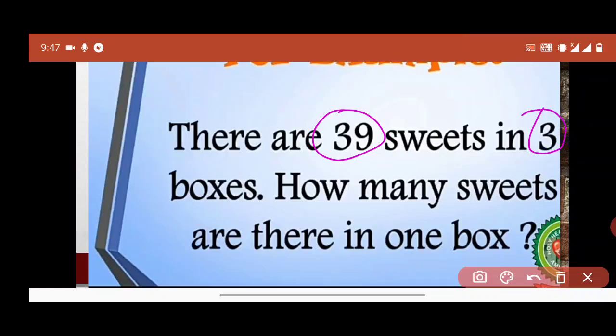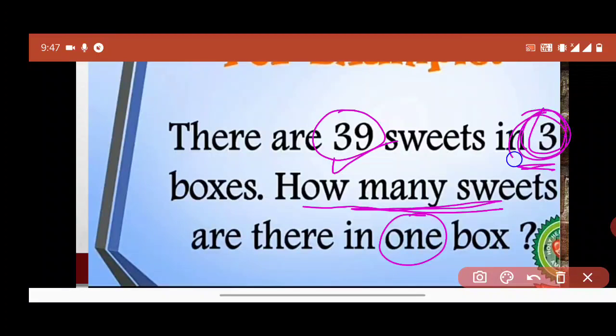They're asking how many sweets are there in one box. Children, they are saying that in 3 boxes there are 39 sweets. So information about 3 boxes is given to us and they are asking to find out the sweets in one box. So whenever we have to find information about one particular thing, then in such a situation we divide. Okay, children?